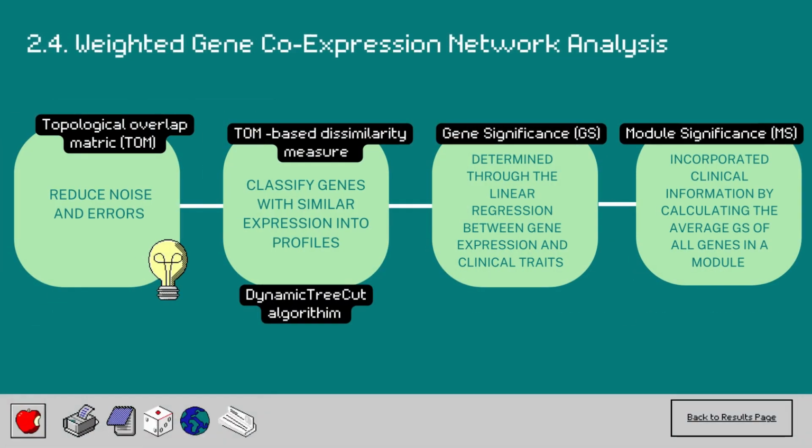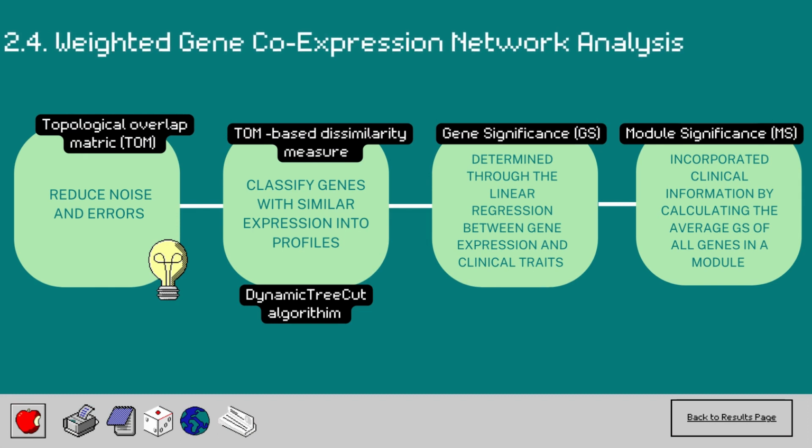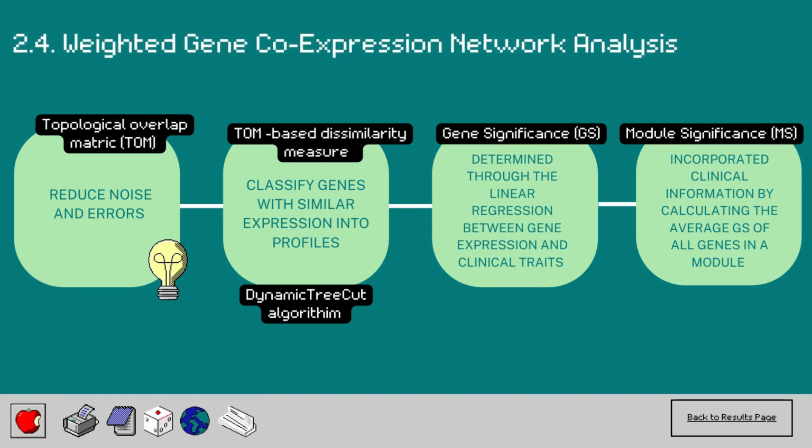In the WGCNA method, the researchers will reduce the noise and errors with the help of a measure called TOM, Topological Overlap Matrix. They will also use a TOM-based dissimilarity measure and the dynamic tree cut algorithm to classify genes with similar expressions into profiles.